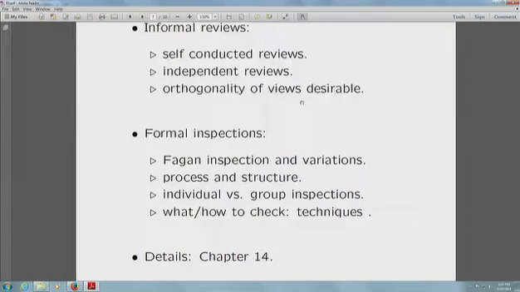Before the people get together for the group inspection, you need some kind of kickoff, an overview. So planning is the first step, and the next step is the overview. You will be inspecting this design, so the designer will meet with the inspectors.